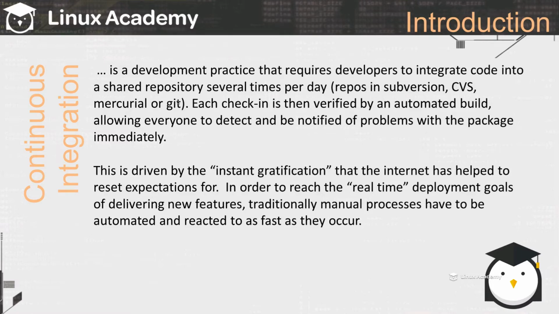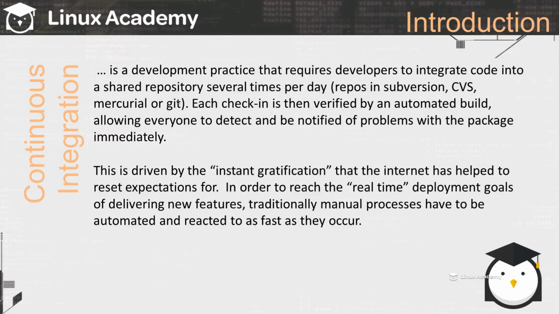It allows everyone to detect and be notified of problems with the package immediately. So if anything fails in that continuous integration process, then notifications can be sent out to the appropriate people that care about the fact that one phase or another of that continuous integration has failed and can take immediate steps to correct it.